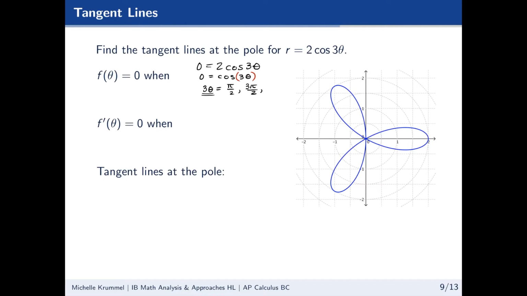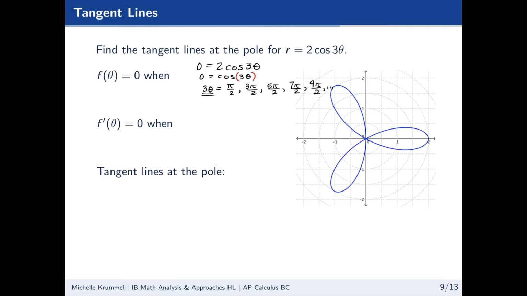So pi over 2, 3 pi over 2. The next one would be 5 pi over 2, and then 7 pi over 2, and then 9 pi over 2, and so on. And of course, we can also subtract pi from these angles and get even more solutions.